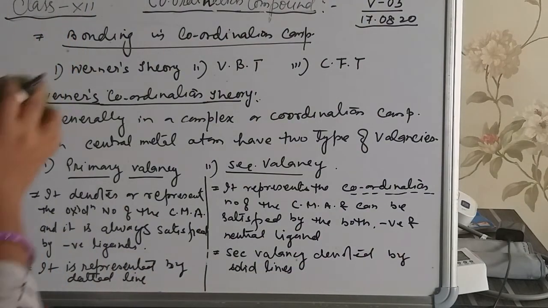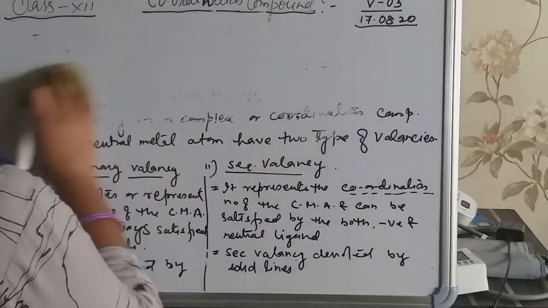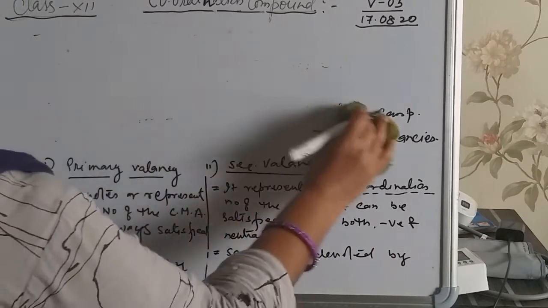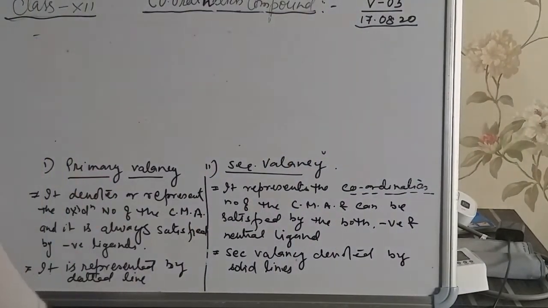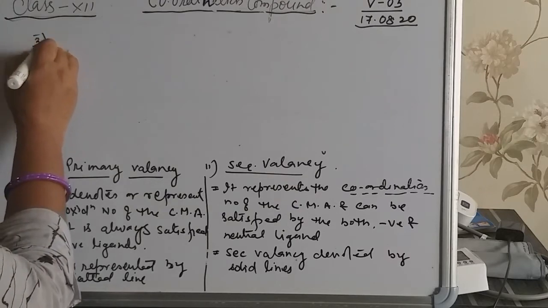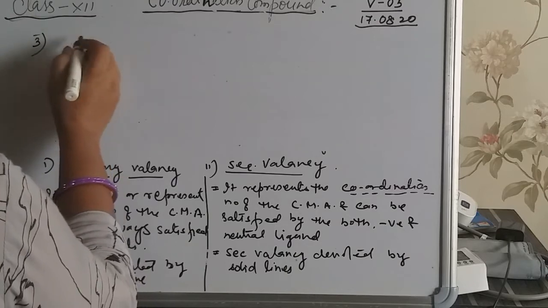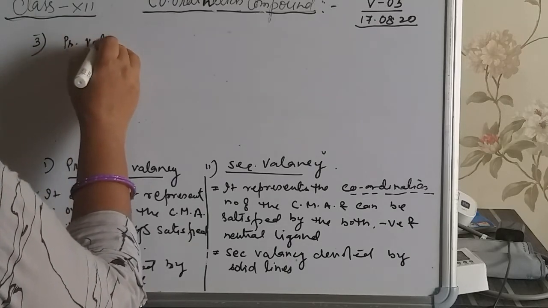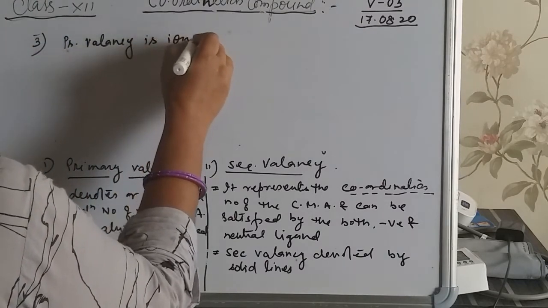The next difference between secondary valency and primary valency, number 3: primary valency is ionizable.